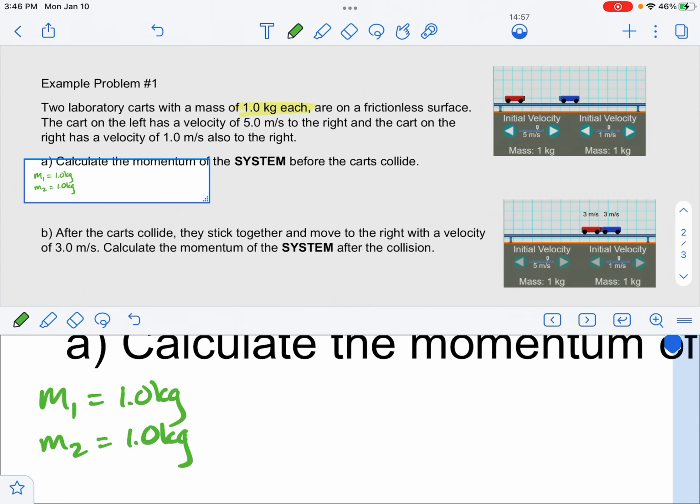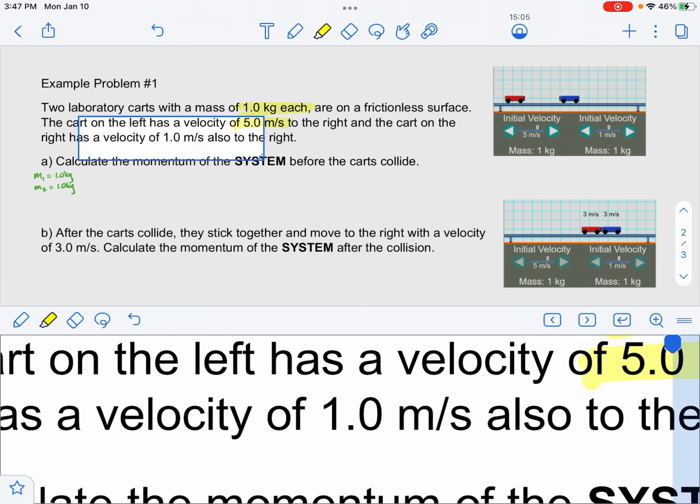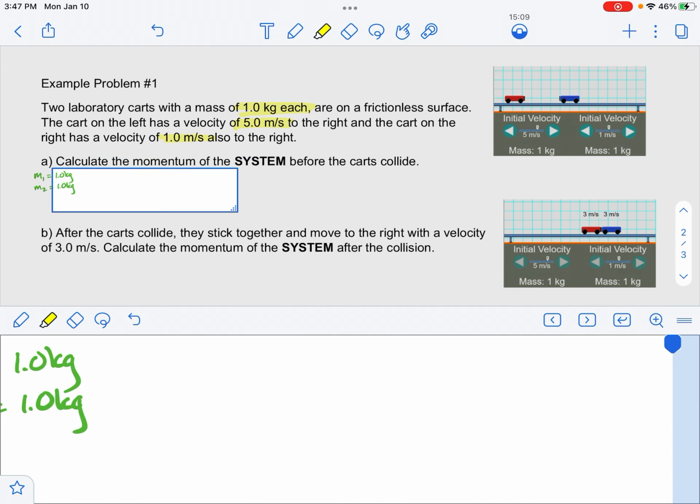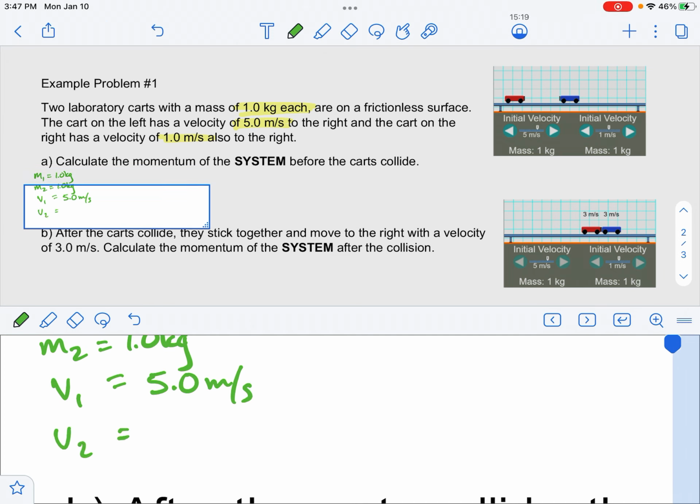And then it says the cart on the left has a velocity of 5 to the right, the cart on the right has a velocity of 1, also to the right, so everything is going to the right, so I don't have to make anything negative this time. So the velocity of cart 1 is 5 meters per second, and the velocity of cart 2 is 1 meter per second.